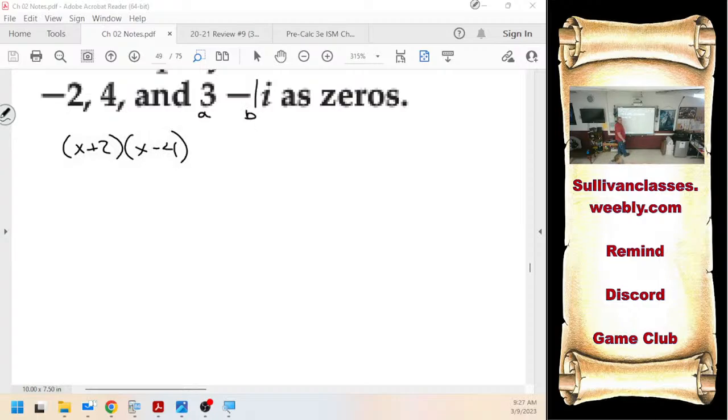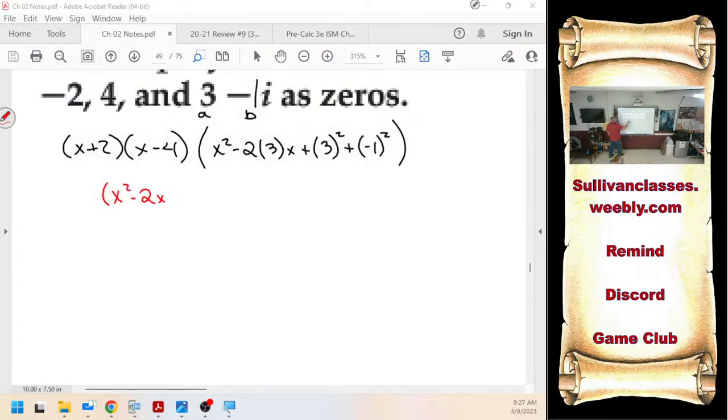That's my B. x squared minus 2a x plus a squared plus b squared. Now this is x squared minus 2x minus 8. Now this is x squared minus 6x, 9 plus 1 is 10. Then multiply those two.